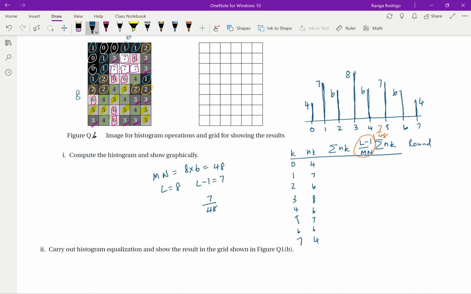Okay, summation of nk then means cumulative sum. 4 plus 7 is 11, 11 plus 6 is 17, 17 plus 8 is 25, 25 plus 6 is 31, 31 plus 7 is 38, 38 plus 6 is 44, 44 plus 4 is 48. So you must get 48 here. So now take each of these numbers and multiply by 7 divided by 48.